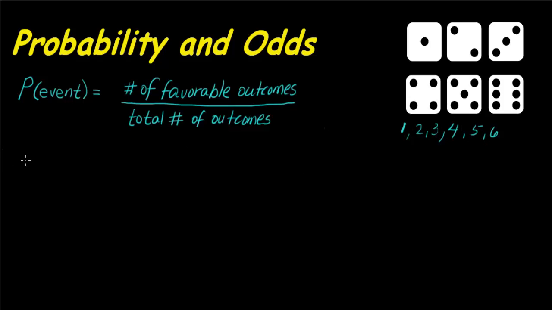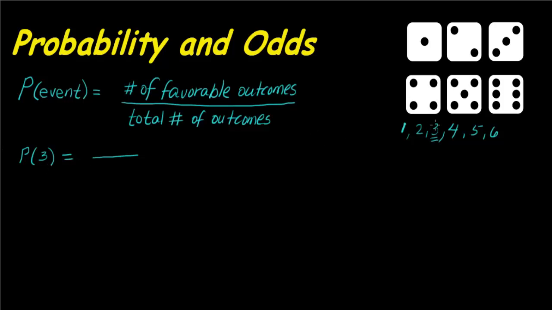So let's say I want to look for the probability of rolling a 3, for example. The probability or the likelihood of this occurring is calculated as the number of favorable outcomes. Favorable outcomes means, which of these outcomes is rolling a 3? Well, this outcome right here is the event rolling a 3.